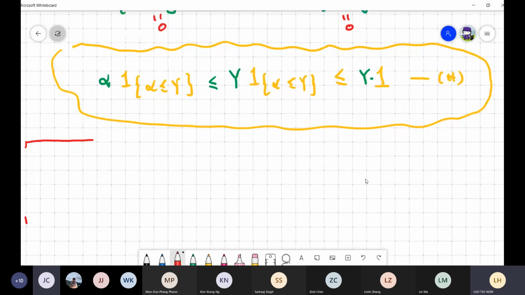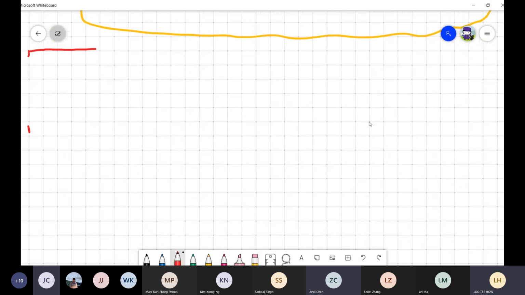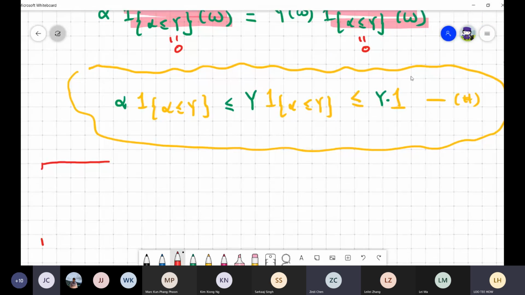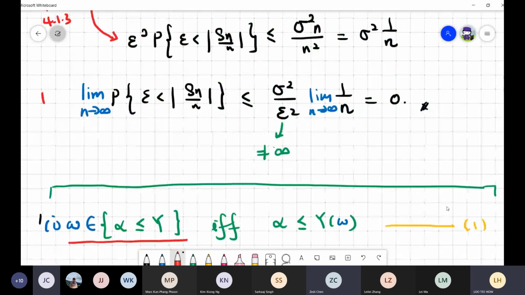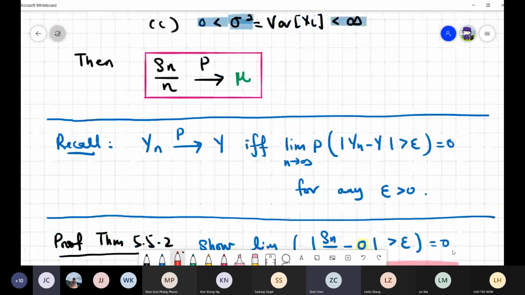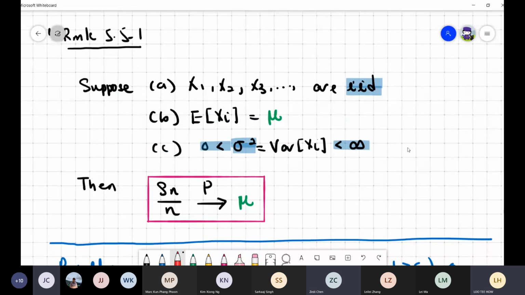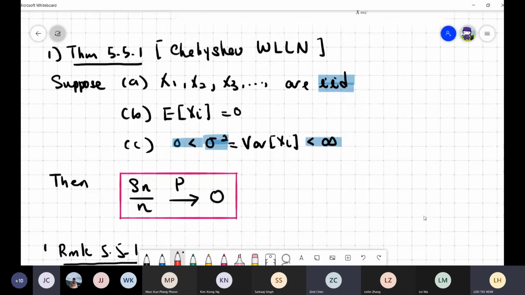So that's it for the first theorem. Maybe just go back to the theorem once again. This is my theorem here.